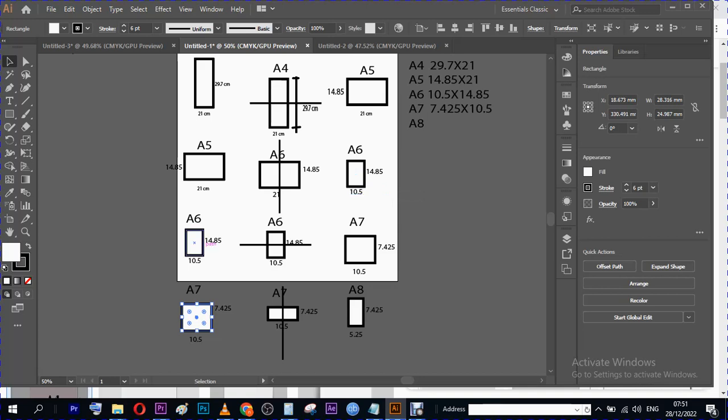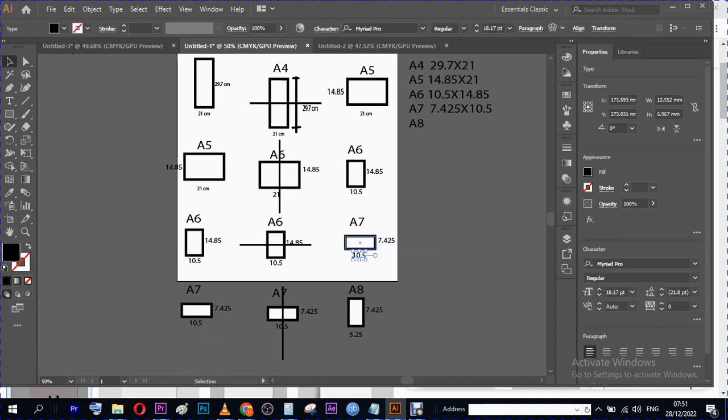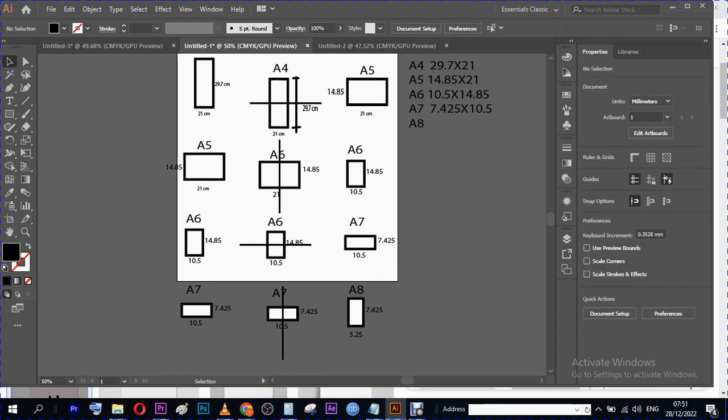Then we brought it here, then divided it. No, this is right, it wasn't a mistake. So we got this with the width being longer, then we divided this to form this and this. So with this A8, I was right.